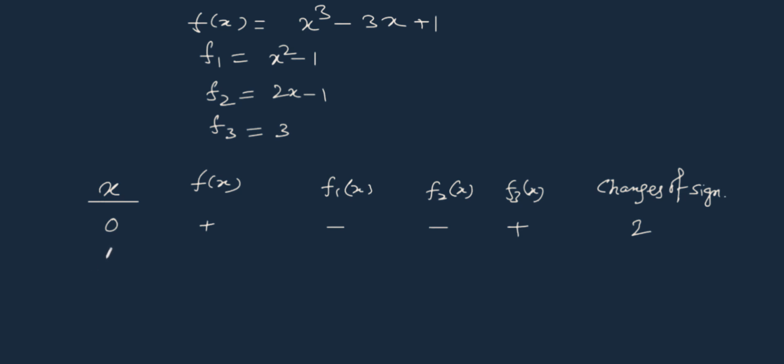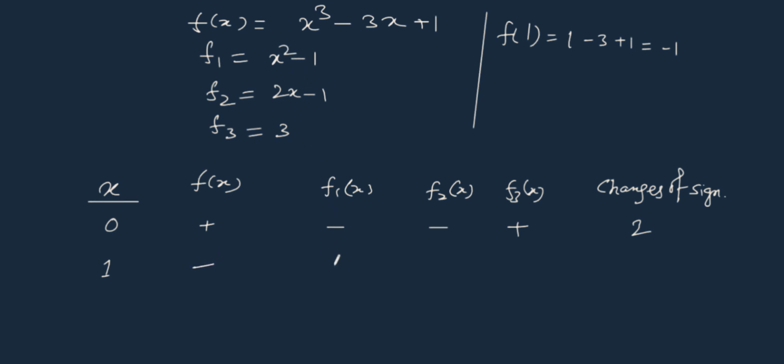So now for positive 1, let's calculate for x equals 1. If we put x equals 1, f of 1 will be 1 minus 3 plus 1, so we'll get negative 1. So this will be negative.